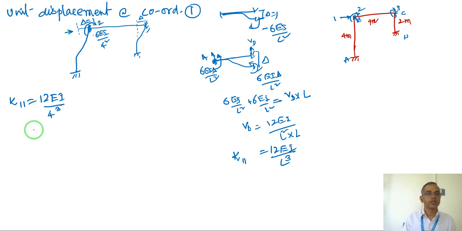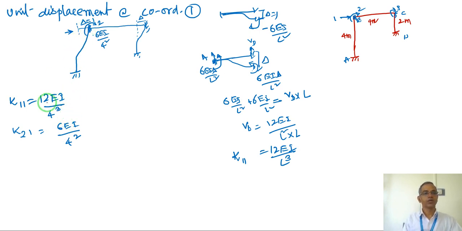That is your K21, which is 6 EI by 4 square.